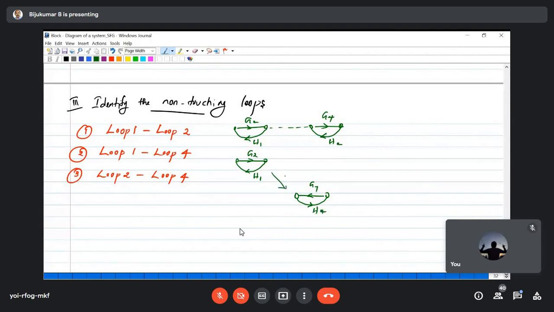So this is also non-touching. And the third combination, if you draw it, is G4 H2, and this loop is somewhere here.